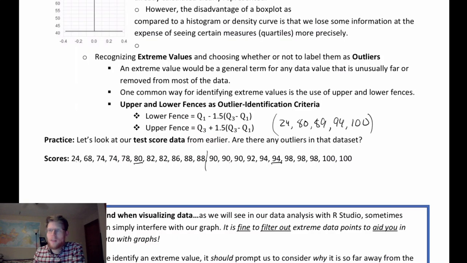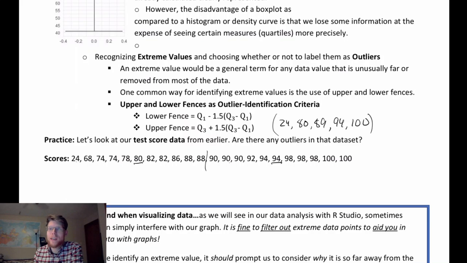Are there any outliers in this data set? So the lower fence is going to be the first quartile minus 1.5 times the interquartile range. In other words, we're starting at the lowest quartile and then stretching out 1.5 times our interquartile range.